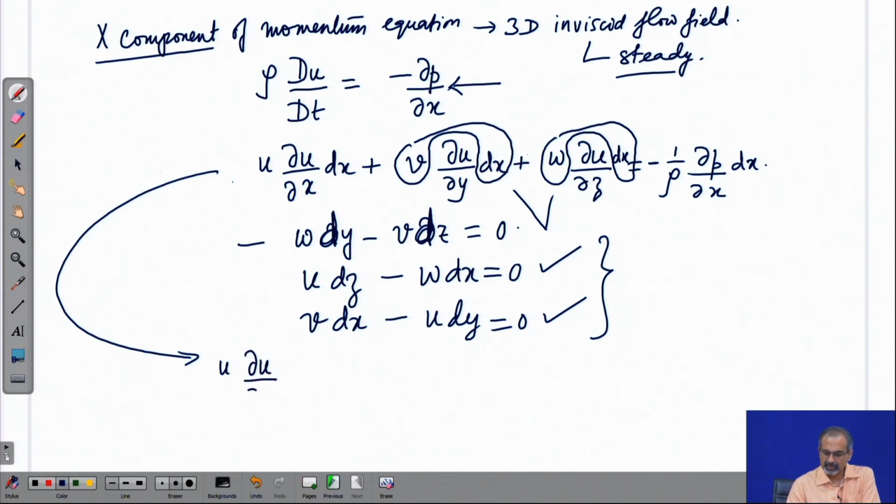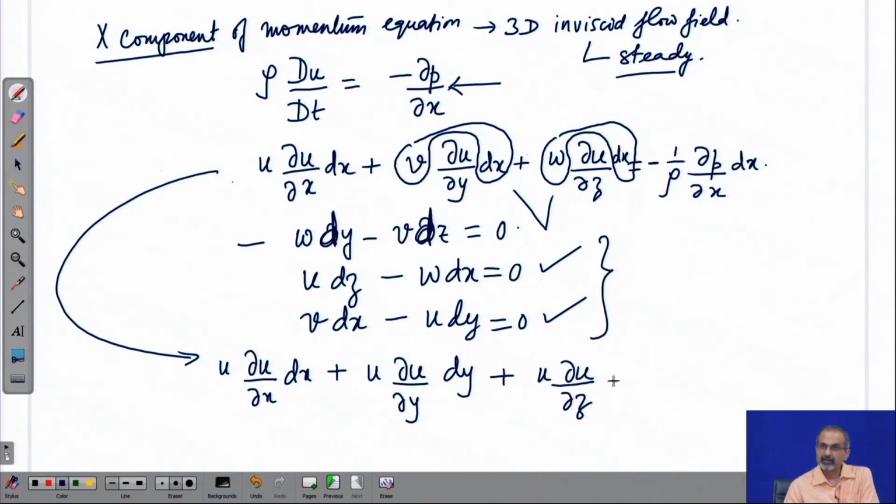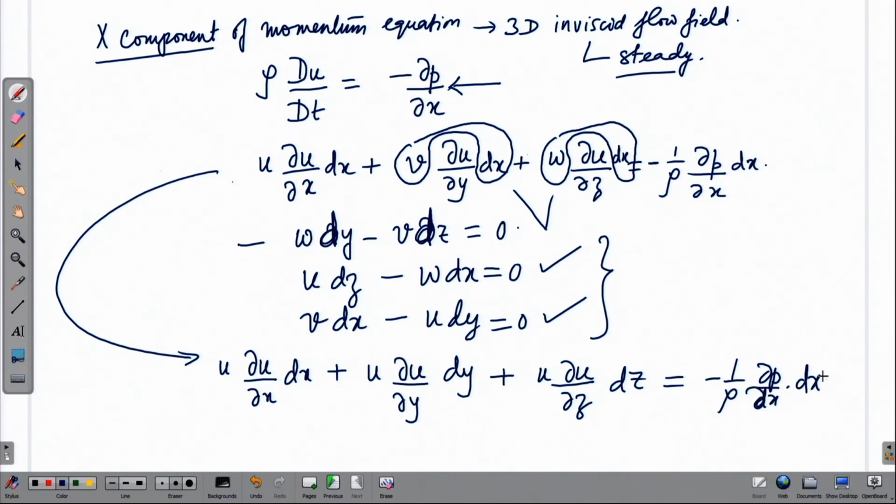It will be u del u del x into dx plus u del u del y into dy and then u del u del z into dz. That is what you will have on the left hand side. u can be taken out as a common factor.